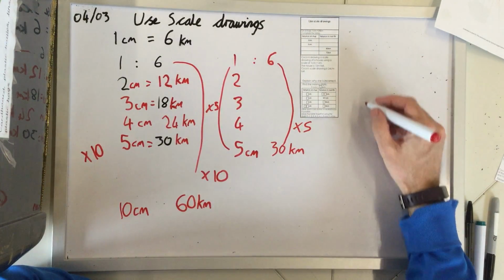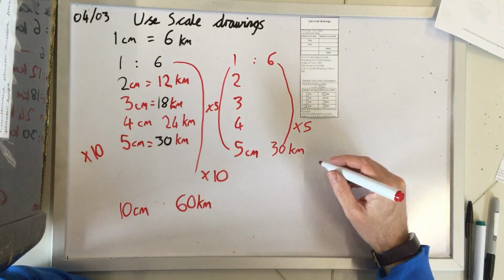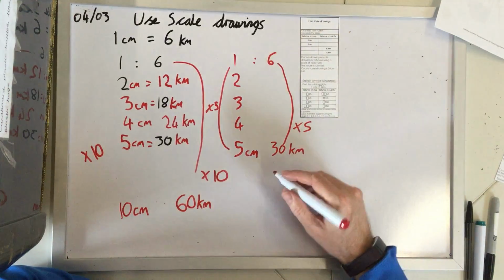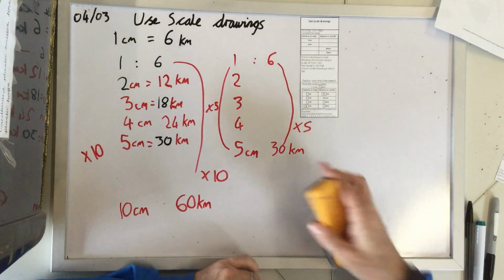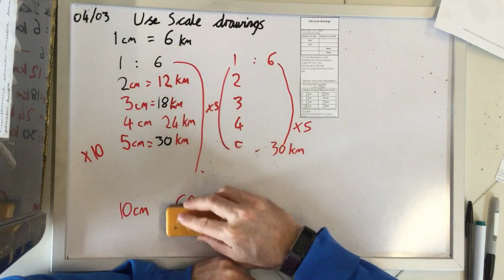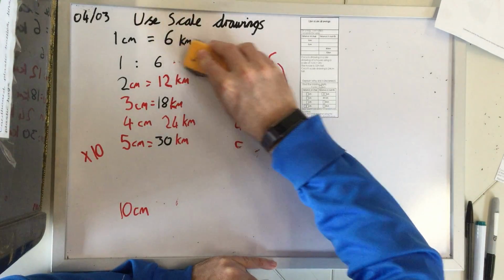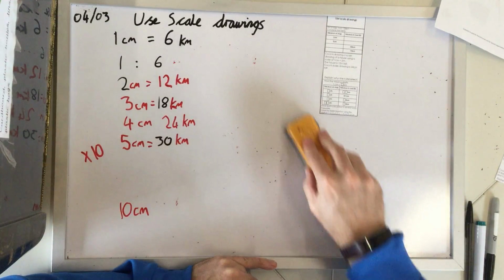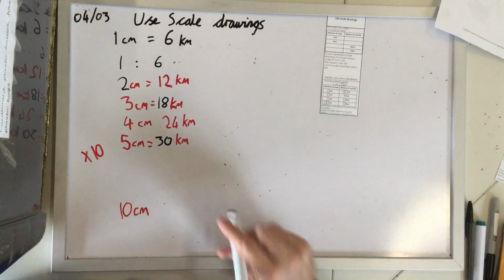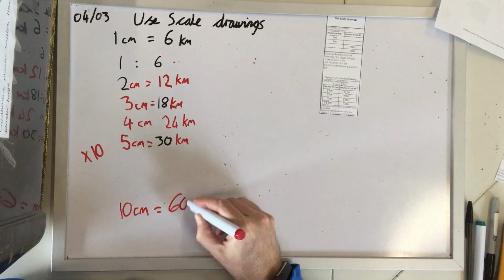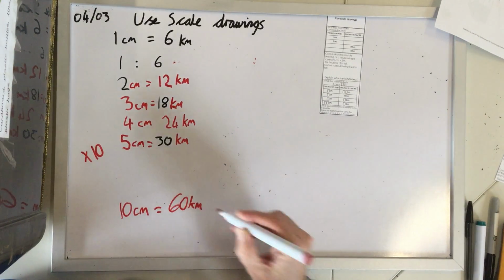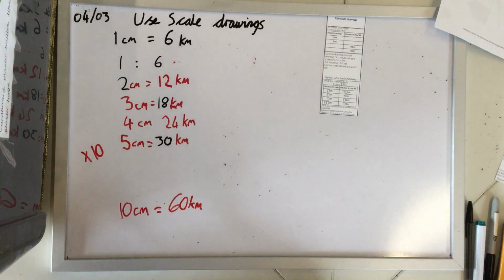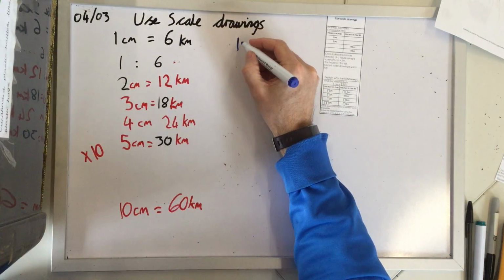Okay, so if I fill in, in fact, if I just rub this part out, move that slightly. I'll keep that bit 60. But let's say, so you're doing 1 to 20 today.